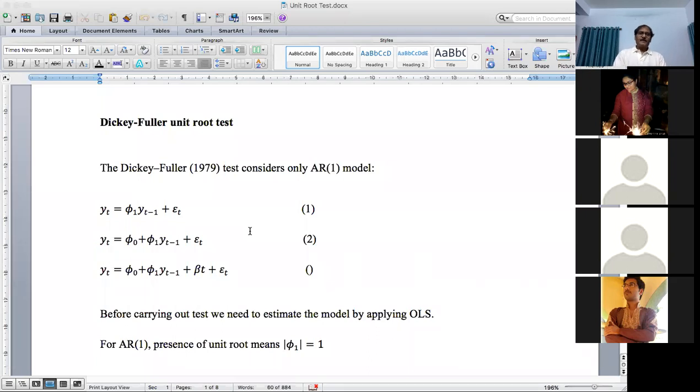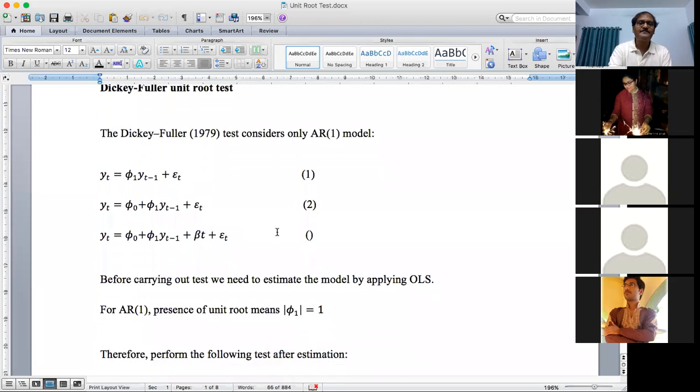Now, let us start with the AR1 series. We may have different forms of AR1. Just look at the possibilities shown in equations 1, 2, and 3. In equation 1, Yt follows AR1. In equation 2, Yt follows AR1.